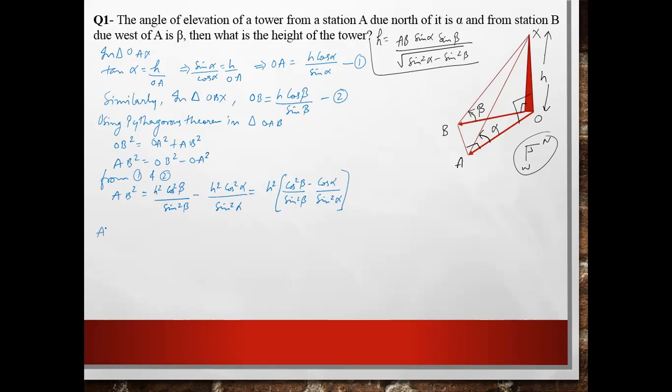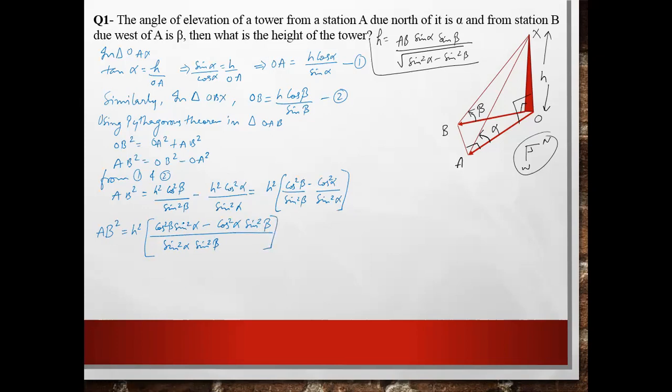So I can write AB square as h square, taking LCM, denominator sine square alpha sine square beta, and numerator cos square beta into sine square alpha minus cos square alpha into sine square beta.